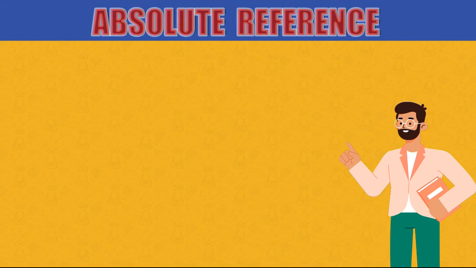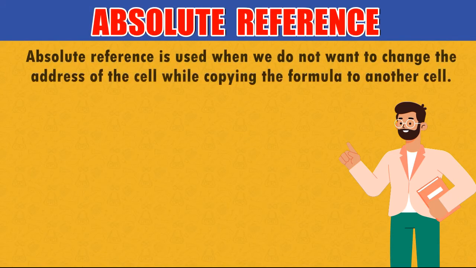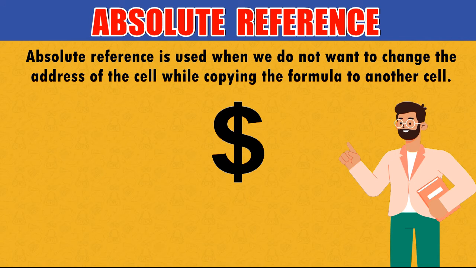Absolute reference. Absolute reference is used when we do not want to change the address of the cell while copying the formula to another cell. To use absolute reference in a cell, you need to add a $ sign before the column and row number.